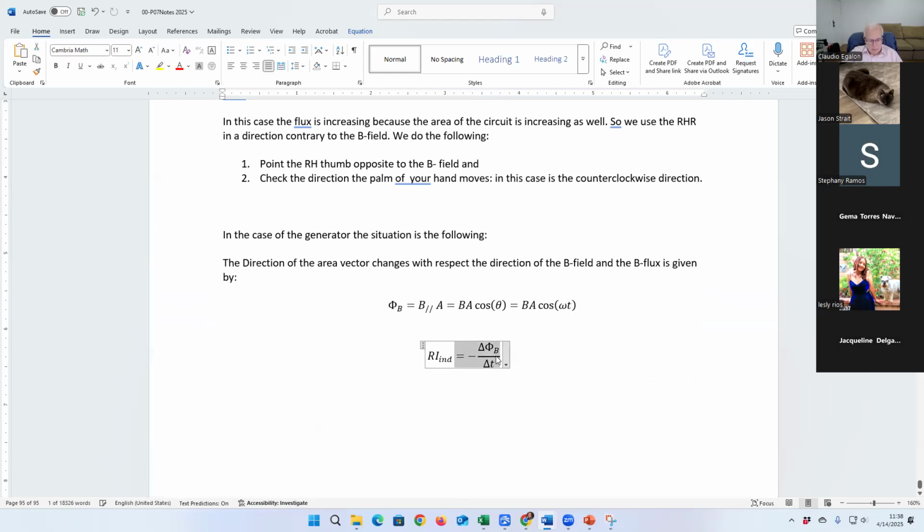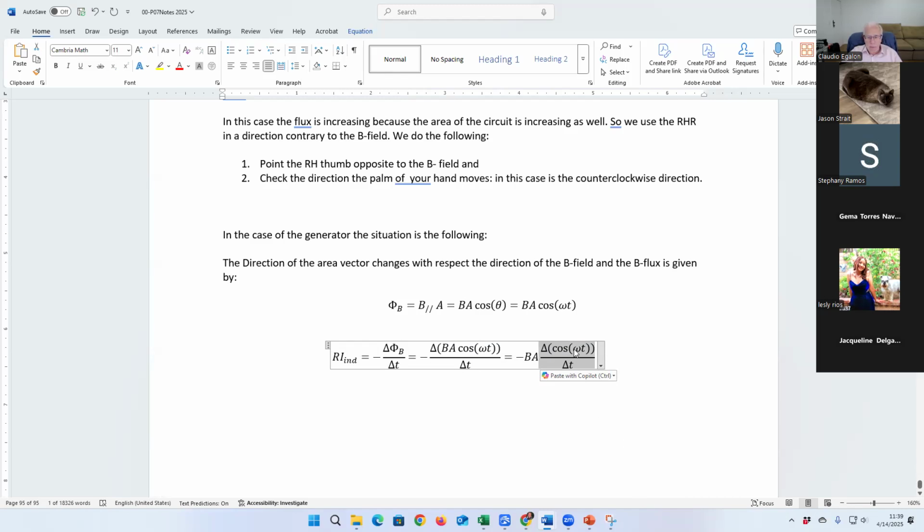We're going to put that equation of the flux right in here. B doesn't change, A doesn't change. Consequently, we can take them out of this delta symbol. And we have delta cosine omega t over delta t, okay?